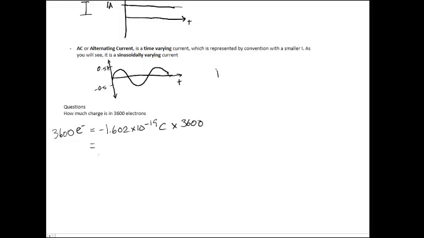And the answer that we get, typing this into the calculator, is negative, and this is pretty important since we're talking about electrons here, negative 5.767 times 10 to the negative 16 C. And note here that we're given 4 sig figs for the value, and we should have 4 sig figs here.